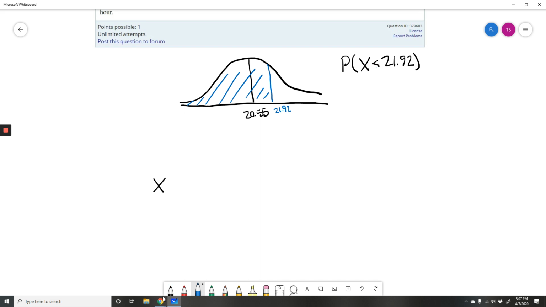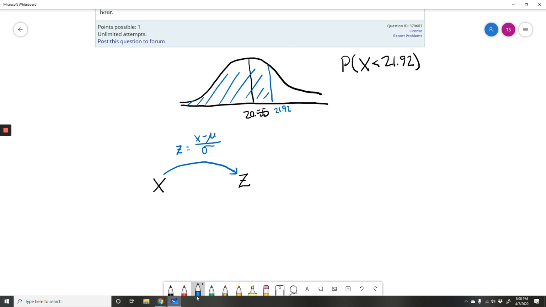And we go to our standard normal distribution, which we usually notate with a Z. And the way we do that is with the equation Z equals X minus mu over sigma. This is always how we do it. It's always the value minus the mean over the standard deviation that gives us our Z-score.